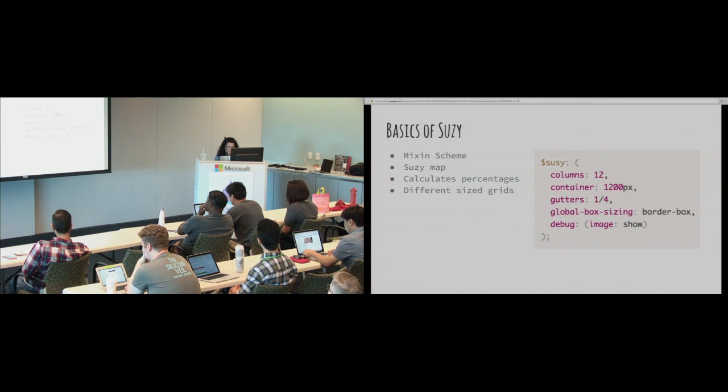Suzy uses a mix-in scheme that applies a specified amount of columns to any element based on the total columns available. Instead of using classes that need to be added to the HTML, you can immediately target any CSS class and apply a grid to it.